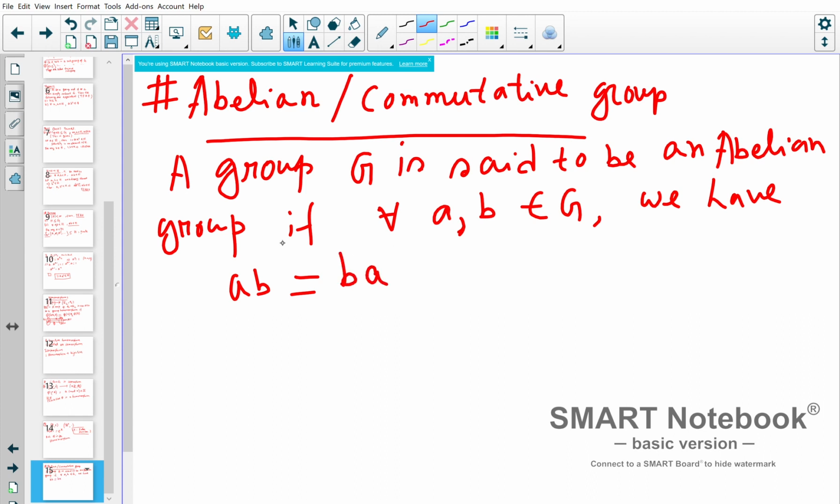So if you are taking from one side or the other side, it does not matter. Okay, so this is called an abelian group.